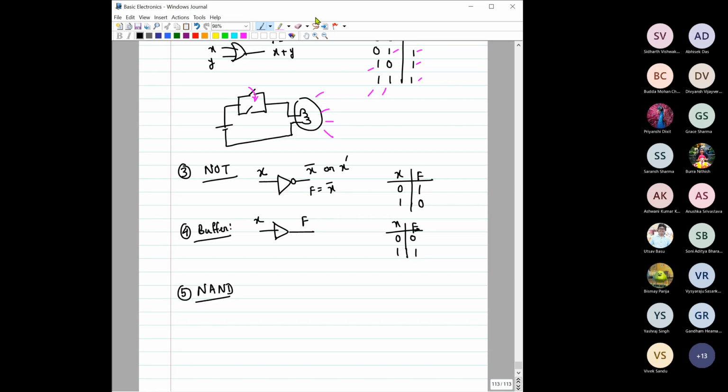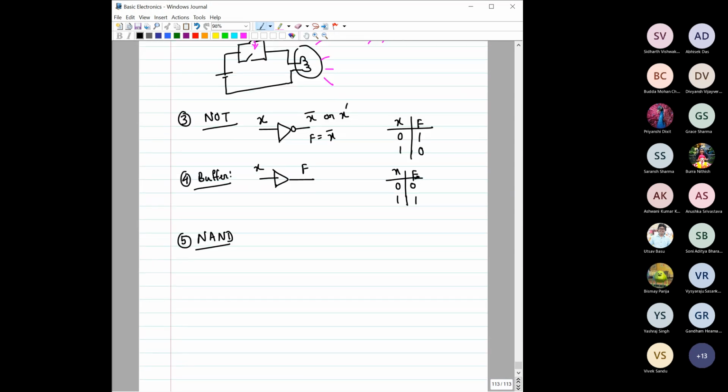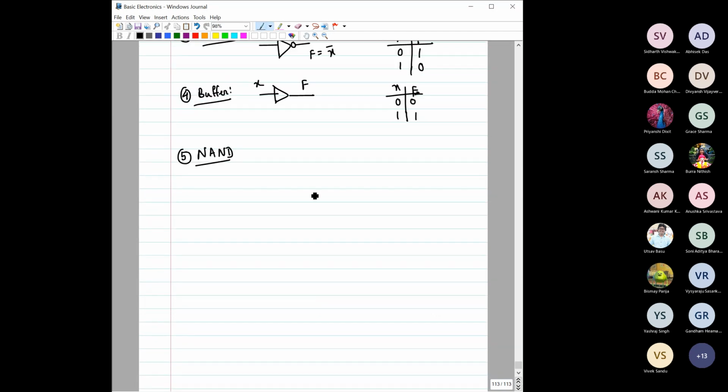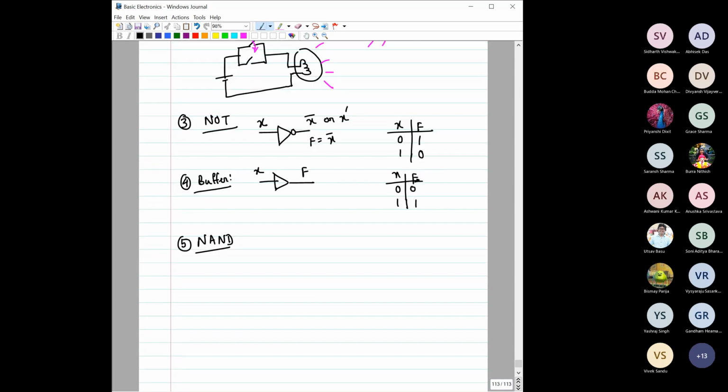Sir, if we get exactly the same output in the buffer, then why use this device? We have discussed this a couple of times, because of impedance. The impedance is much higher from the analog point of view, and from the digital point of view, some signal current supply is quite weak.